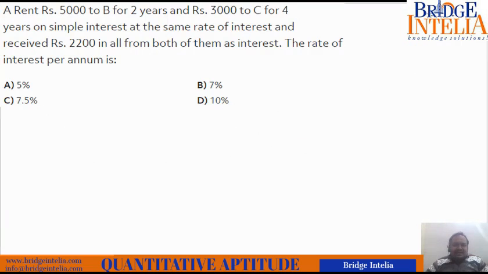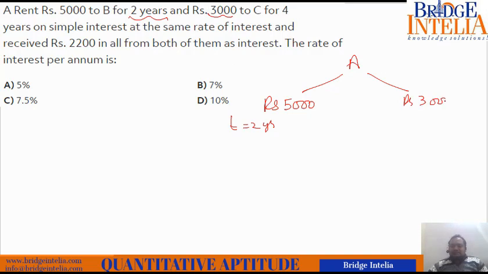A lends rupees 5,000 to B for 2 years and rupees 3000 to C for 4 years, on simple interest at the same rate. So there is a guy A. He lends rupees 5000 for 2 years and rupees 3000 for 4 years.